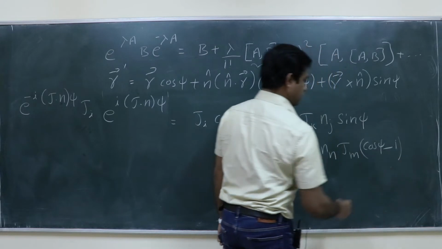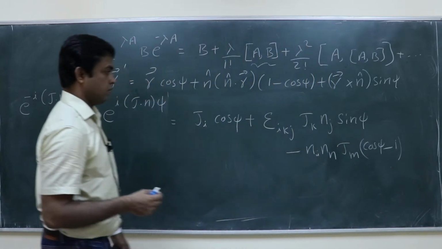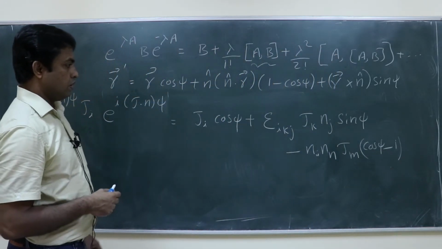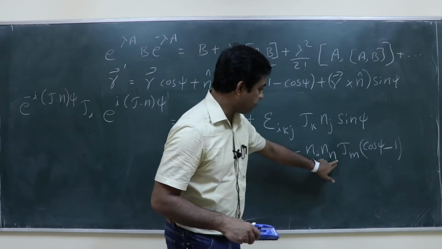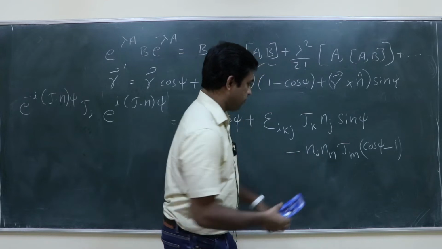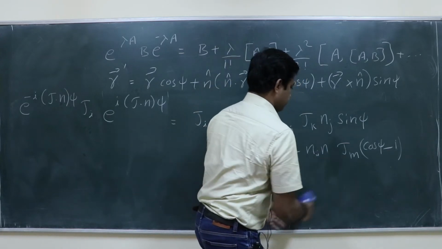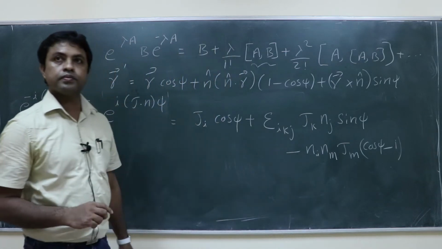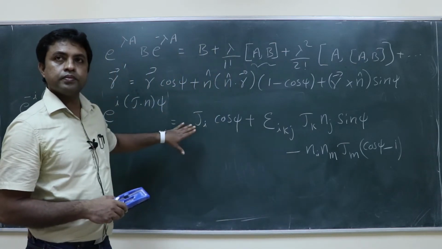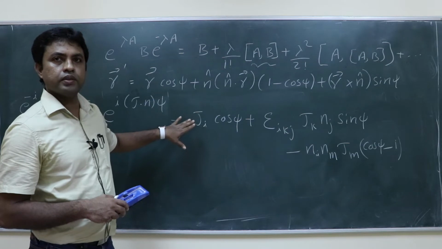So we can also convert it into the cross product and dot product terms. Are you sure about this n? Is it n or m? Sir, it should be n_m.